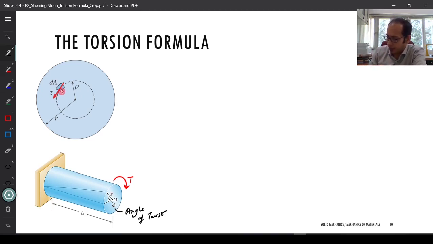So I can go ahead and write my dM as tau times dA, which is the force, times rho, the distance.